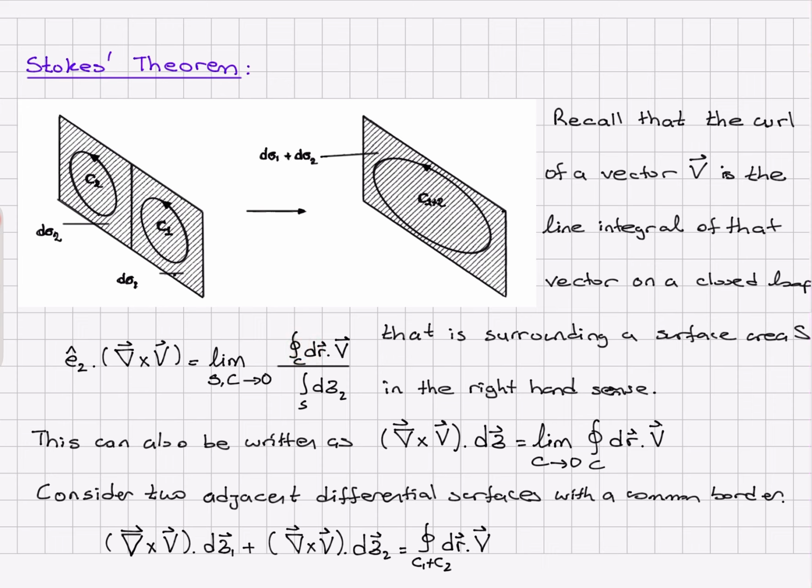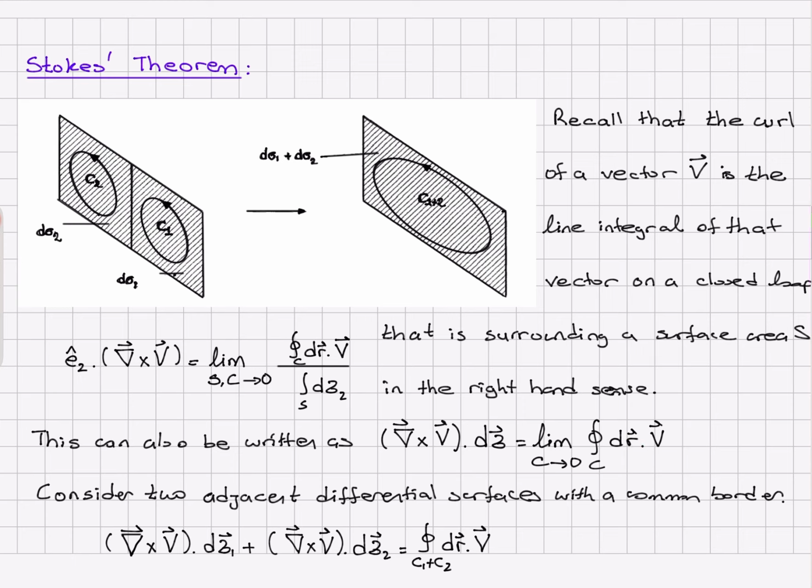And if we write this in the differential form, because we're taking the z component of curl V, we can just say this is curl V dot product with d sigma is equal to limit c goes to 0 closed path integral dr dot V.